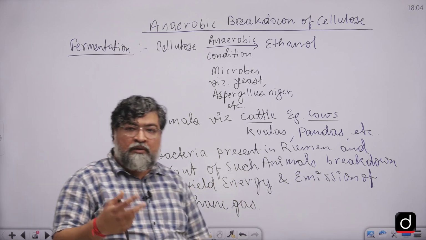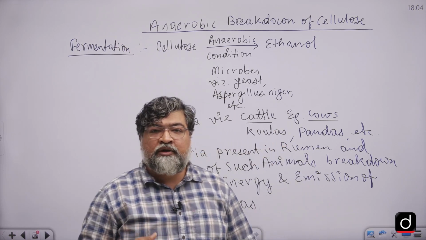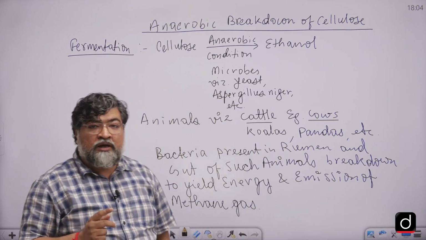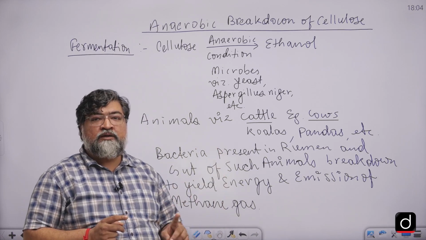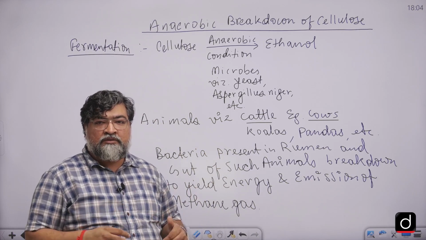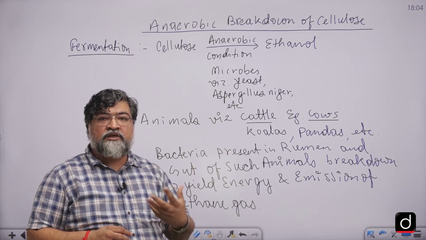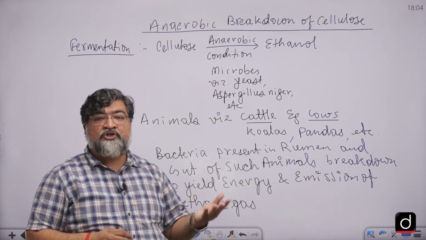Now about humans: we do have bacteria in the body, but those are not capable of breaking down cellulose. Cellulose cannot be broken down. So in human consumption, plant material, cellulose and fibers help as roughage.